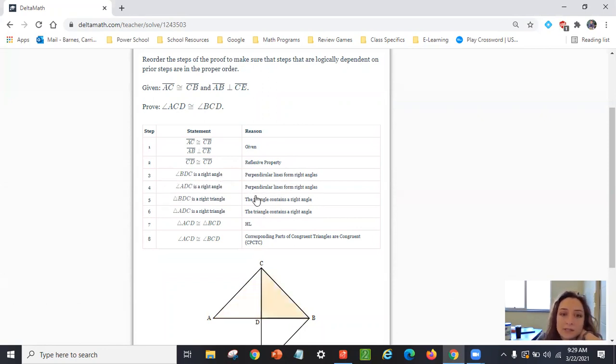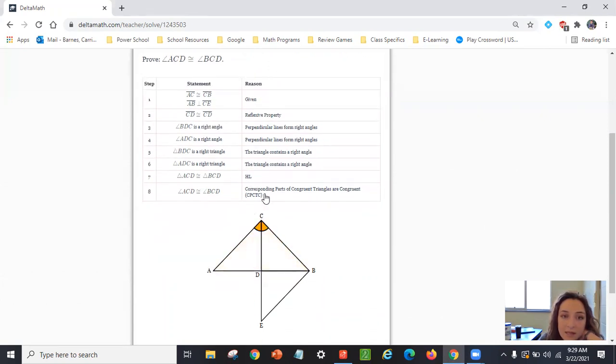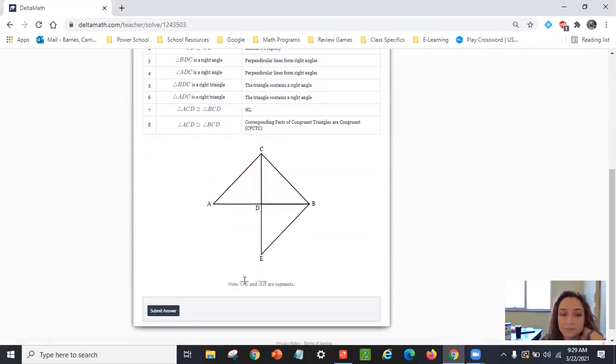Okay, then we can say the triangle contains a right angle. That's fine to go next because we were just talking about the right angles there. You can see those line up. And then we can say hypotenuse leg and then the CPCTC. Remember, this was our prove statement, and that can go after triangle congruence. So after that statement.